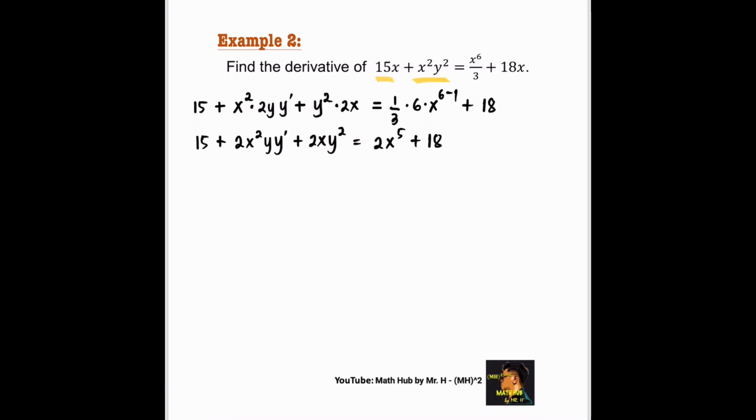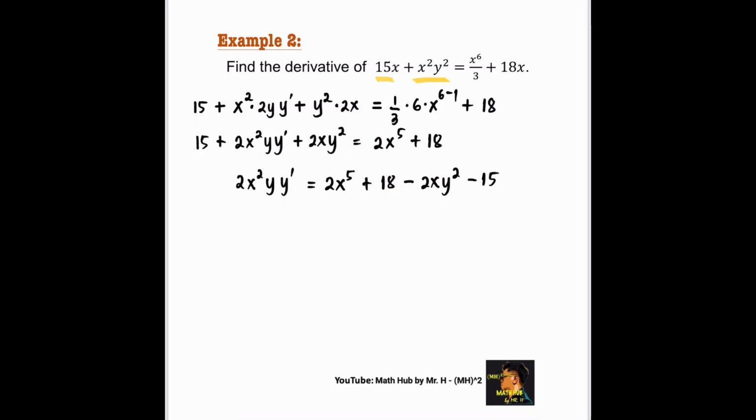The next thing we need to do here is separate the term with y prime. 2x squared y prime will be equal to, so we copy everything from the right hand side, so 2x to the power of 5 plus 18, minus 2xy squared minus 15.